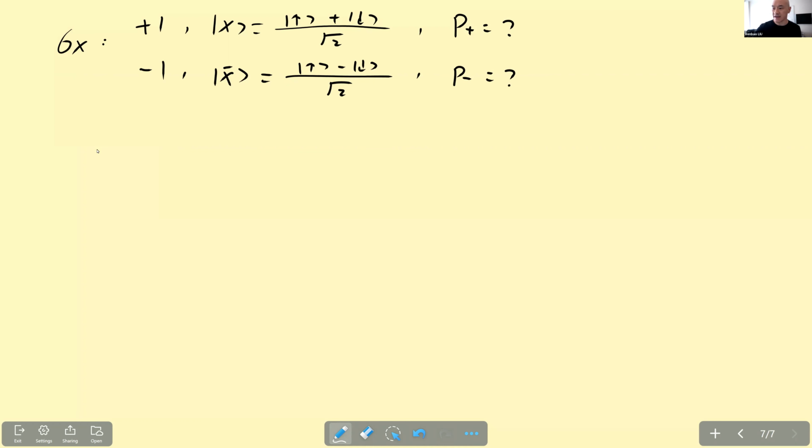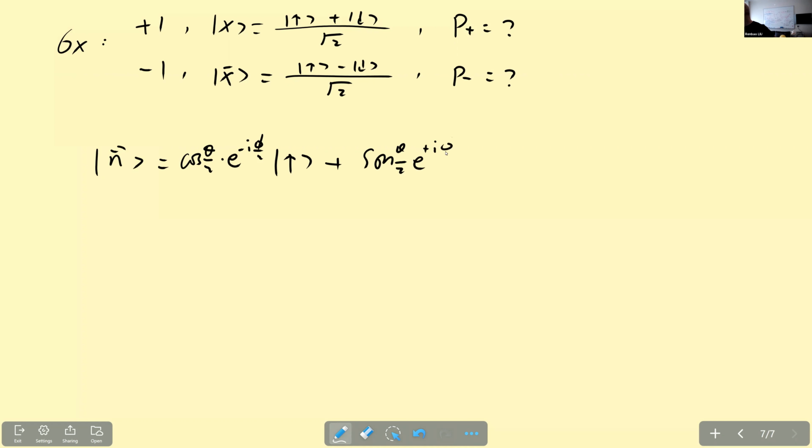Remember, we can write down this state as cosine theta over 2 times e to the minus i phi over 2 times spin up, plus sine theta over 2 times e to the plus i phi over 2 times spin down. And suppose we can write this as c_x times the x state plus c_x bar times the x bar state.